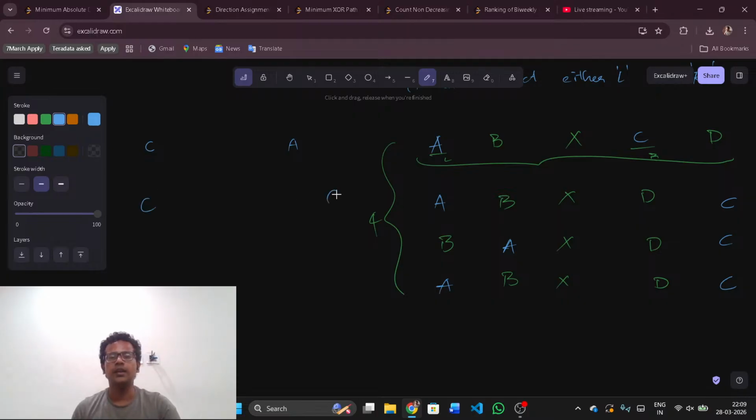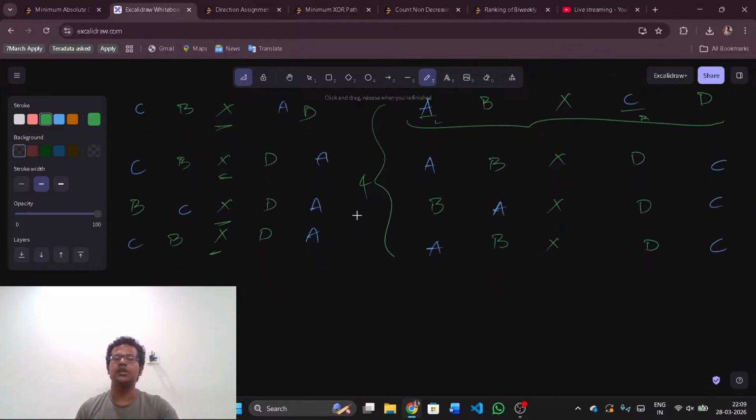C and then A, C and then A. The remaining are just B, X, D. The position doesn't change. The person who is standing at a position doesn't change.